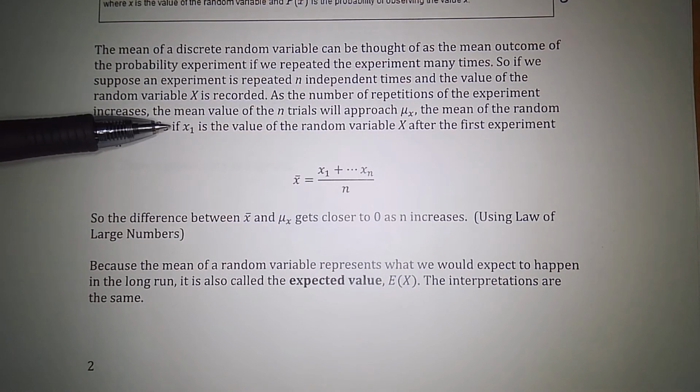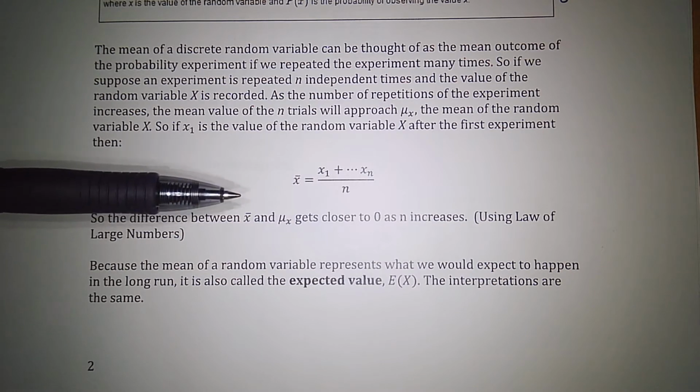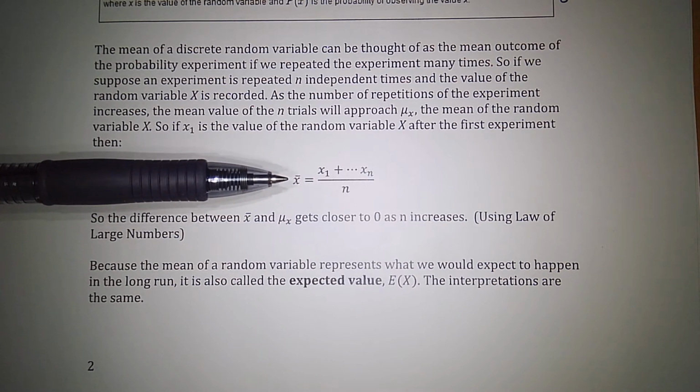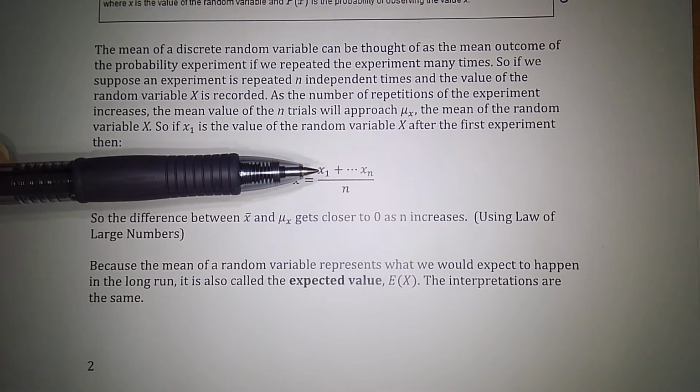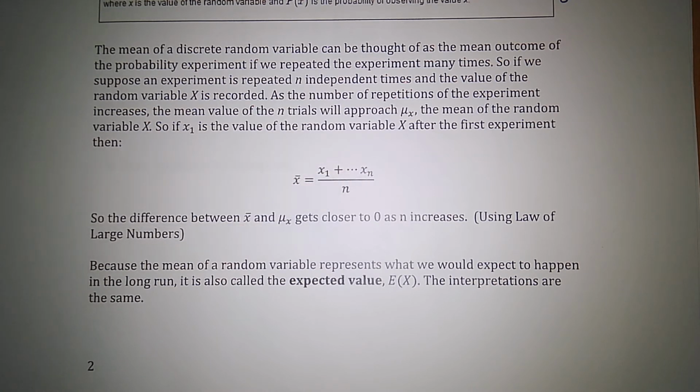So if x1 is your first value of the random variable x, after the first experiment, then the average of all of your x's is going to be all of the values added together divided by how many were in your sample.